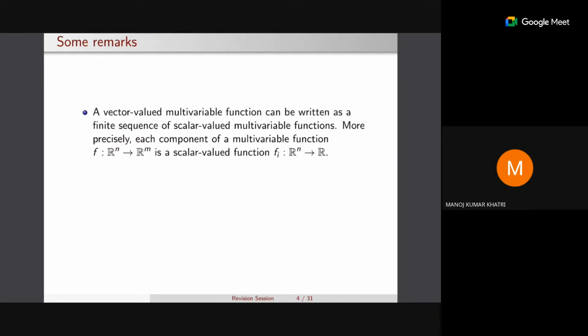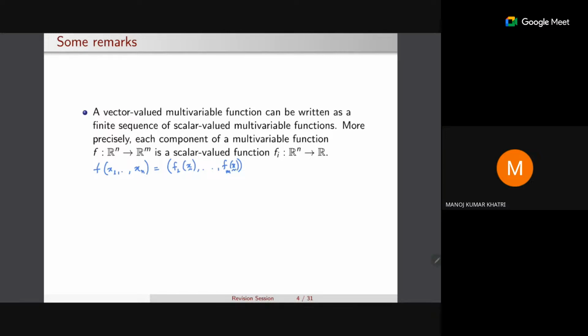So let us move to the next concept, wherein we see why we restrict our attention to scalar valued multivariable functions. Given a vector valued multivariable function, if I write f of x1 up to xn, this is some m-tuple, right? I can write this as f1 of x tilde up to fm of x tilde, where x tilde is x1 up to xn.